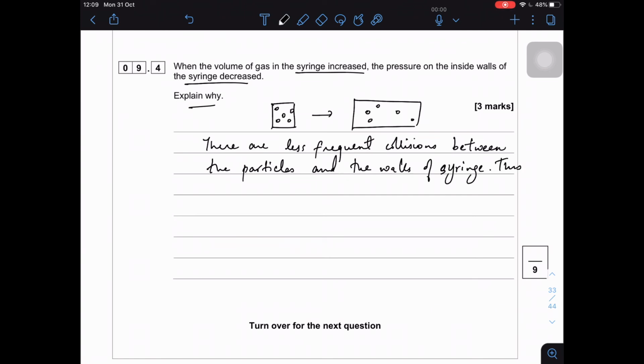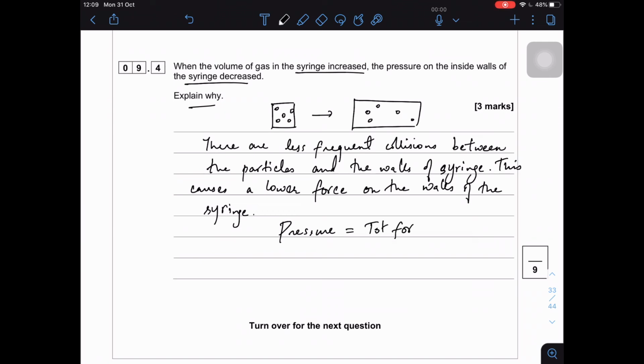This causes a lower force on the walls of the syringe, and pressure is total force per area.